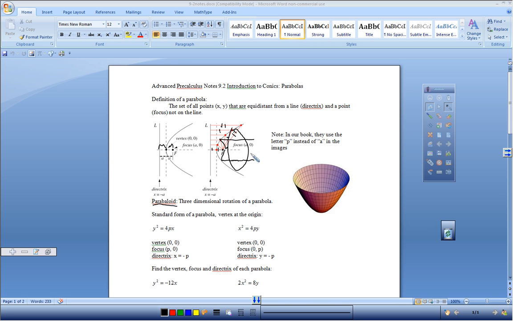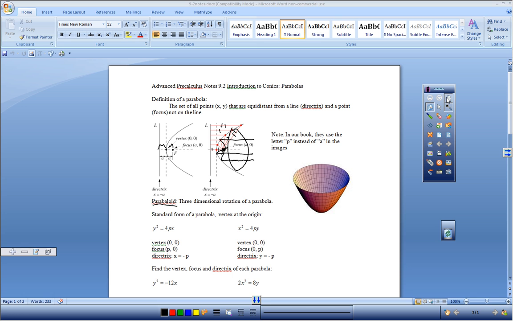So if I bring in a ray straight into that parabola, it's going to bounce off and hit that point called the focus. And that's why you see those, like if you have satellite TV or you're looking for alien life or whatever, because it concentrates all of the rays coming in at the focus of the parabola.